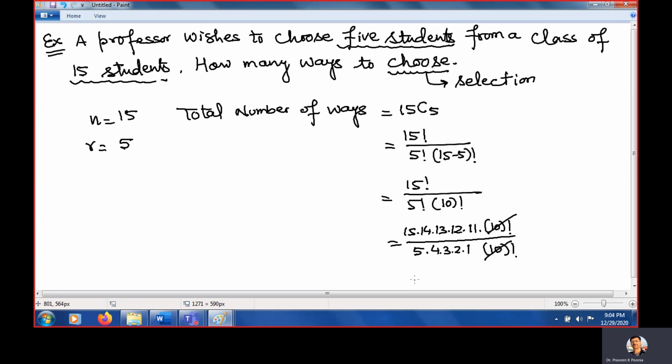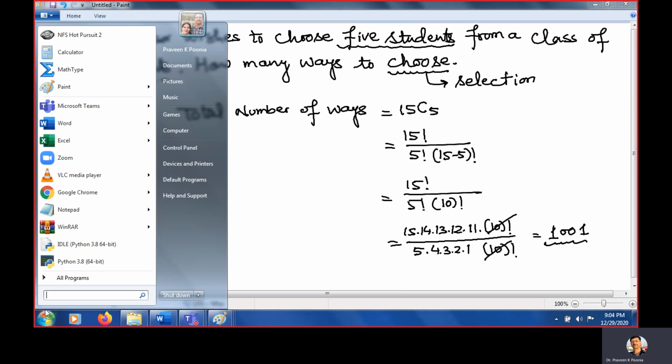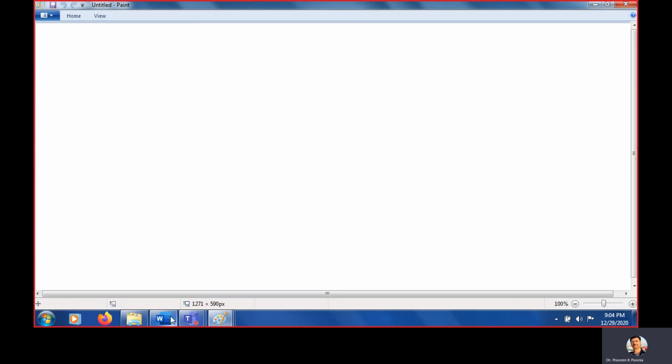This is cancelled. Now use your calculator, multiply this and divide by this. How much will you get? 1001. So there are 1001 ways to select 5 students from a group of 15 students.